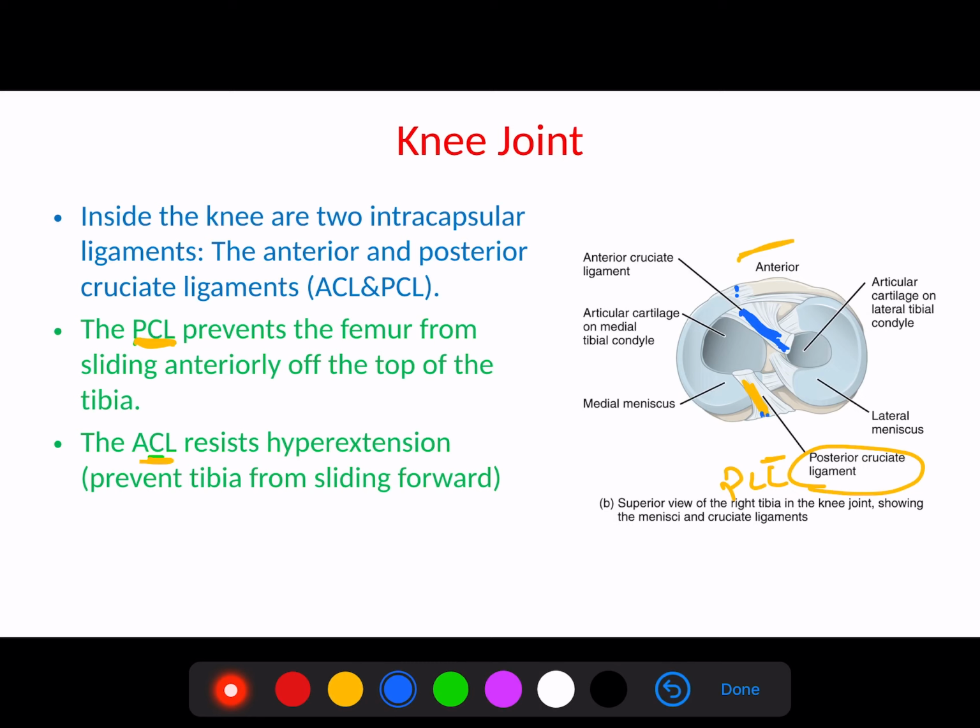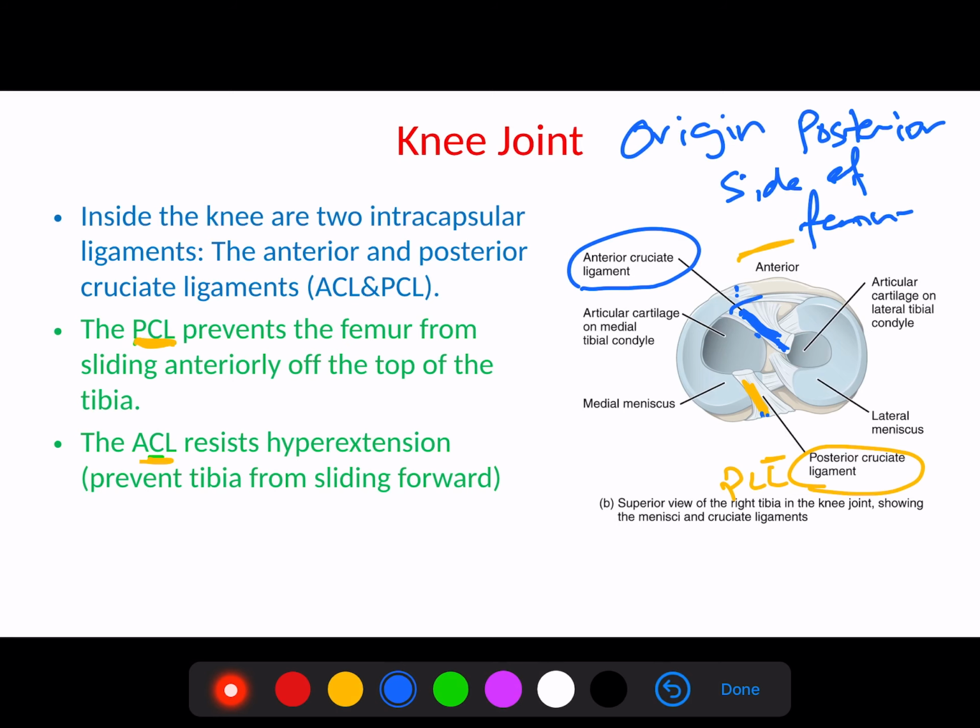So both originate from the posterior side of the femur, but they are inserted on different positions. For the ACL, it's inserted on the anterior side of the tibia, okay? And what does it do? It resists hyperextension. So it prevents the tibia from moving forward.